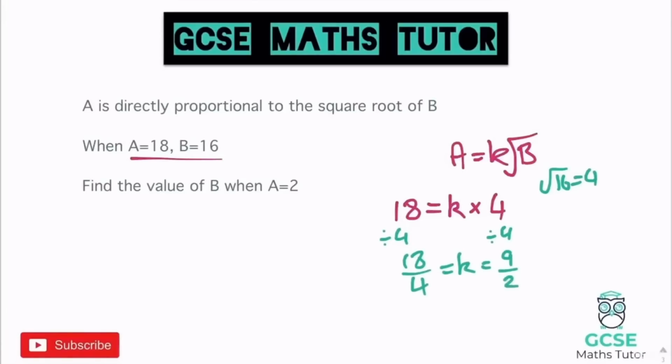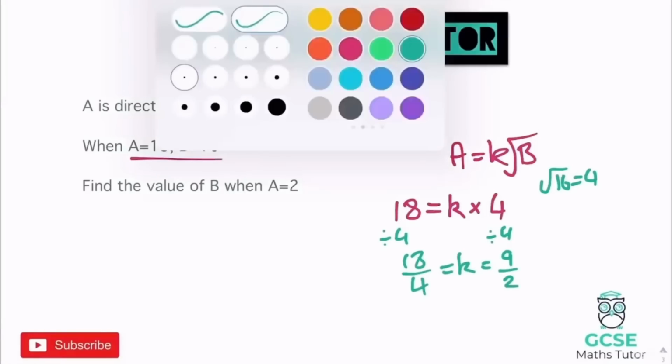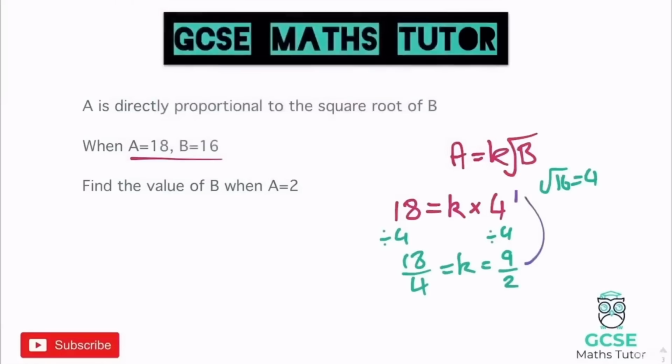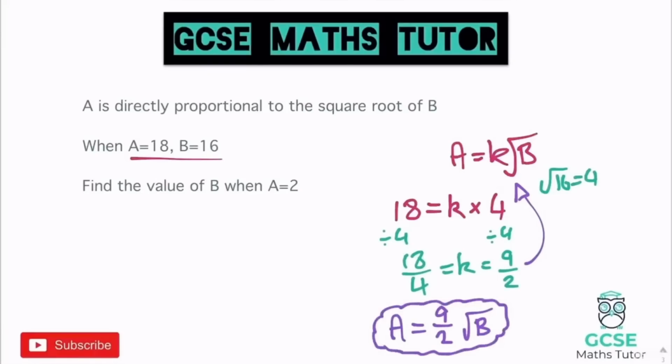I might just leave it as 9 over 2 for the moment, see where we end up with this, but we've got our value of K. So if we put that back into our formula now, we get A equals 9 over 2 root B. There we go, and there is our formula for A in terms of B. A is 9 over 2 or 4.5 times root B.